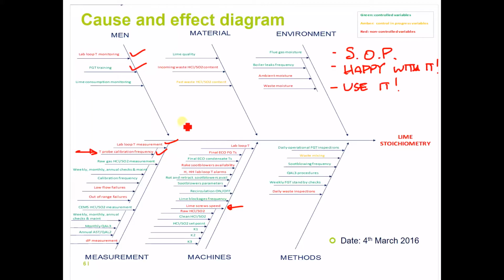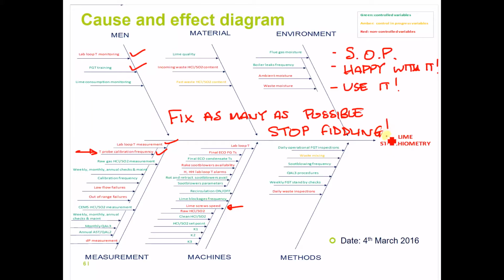Yeah, so here's the physics working for you. Fix as many as possible. One of the things this means, it means stop fiddling, stop adjusting, stop trying to adjust the variability away. You can only make it worse if you do that.